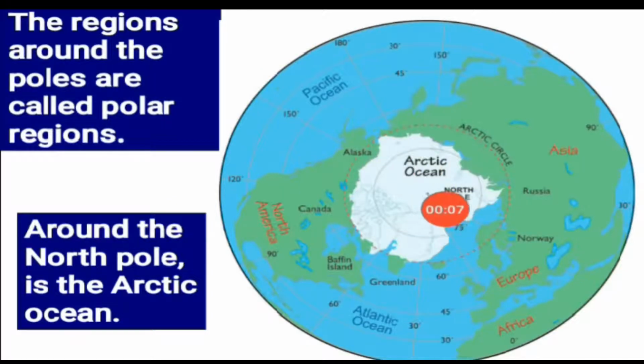The regions around the poles are called polar regions. Around the North Pole is the Arctic Ocean. So this is the region of the Arctic Ocean, and that is the North Pole.